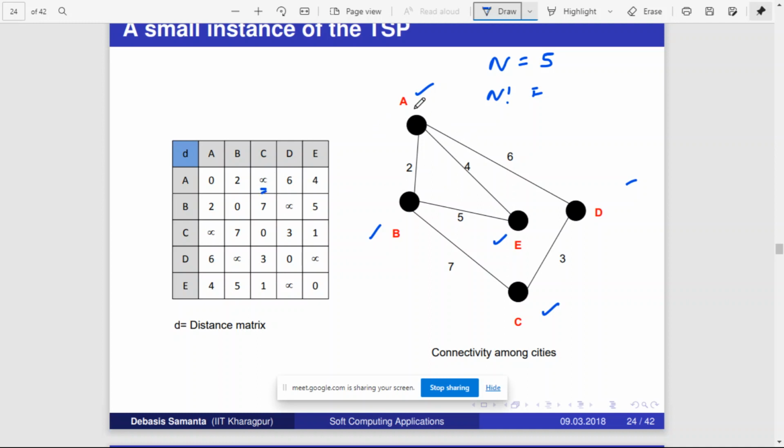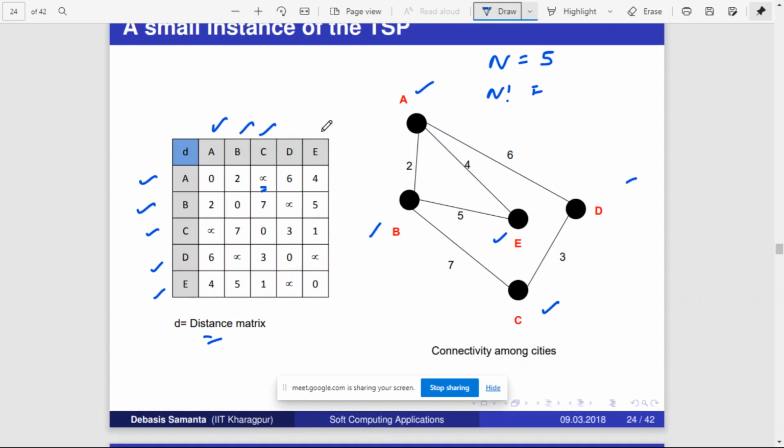Similarly, A to A, already you are in A, so that is represented as 0. So this is how this matrix is filled. Basically, this is a distance matrix. The rows also represent the cities A, B, C, D, and E, and the columns also represent the same cities A, B, C, D, and E. The intersection between any row and column is nothing but the distance D. So A to A, the distance is 0.